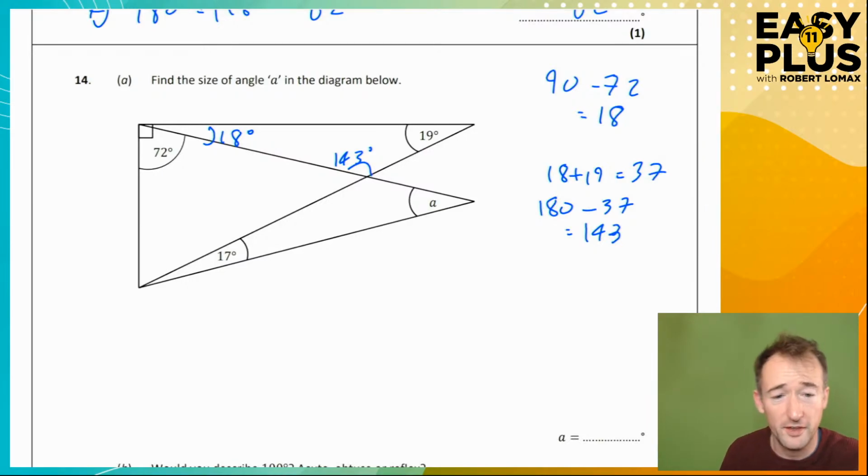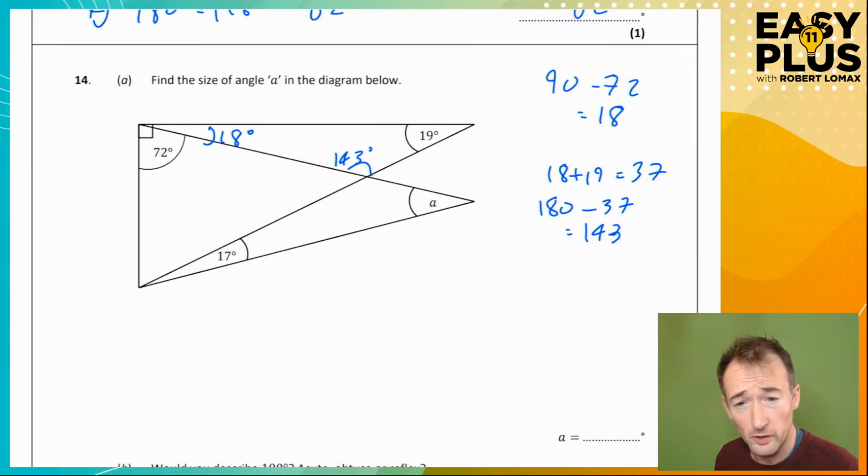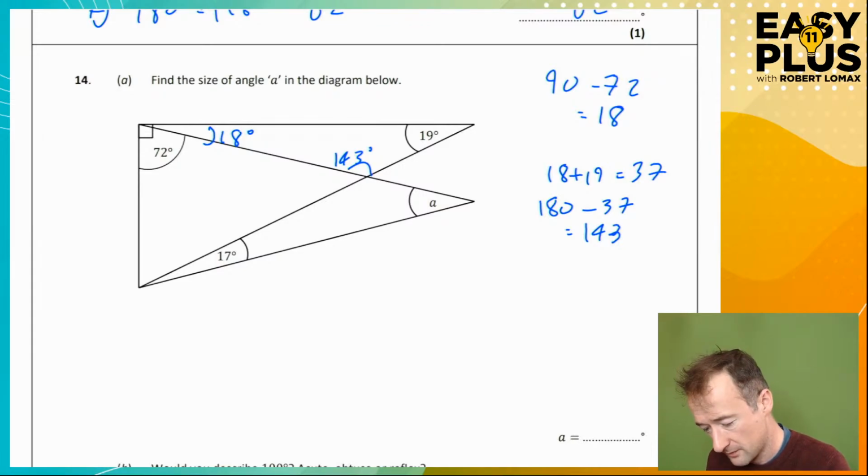Now, another thing that it's really useful to know as a rule, but probably relatively self-explanatory if you just look at it. These angles here are the same, 143 to 143. Now, if you don't know that, you can actually still work it out, I think. You can see that this is 143 here.